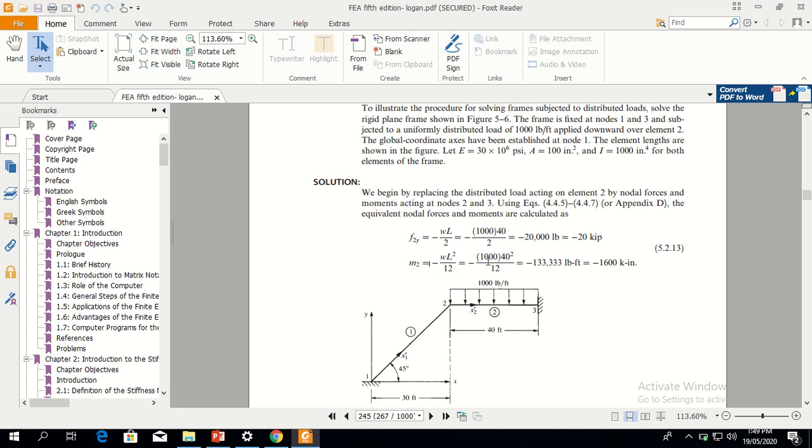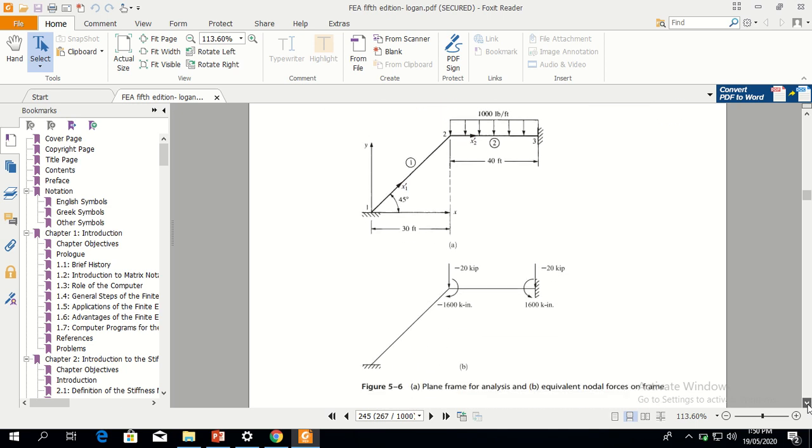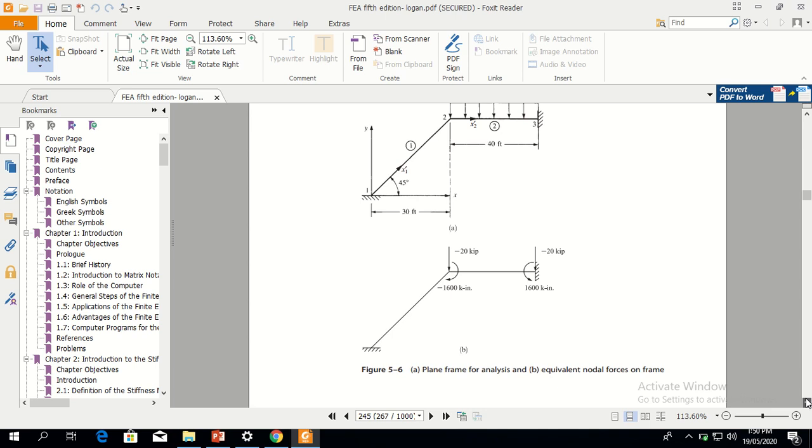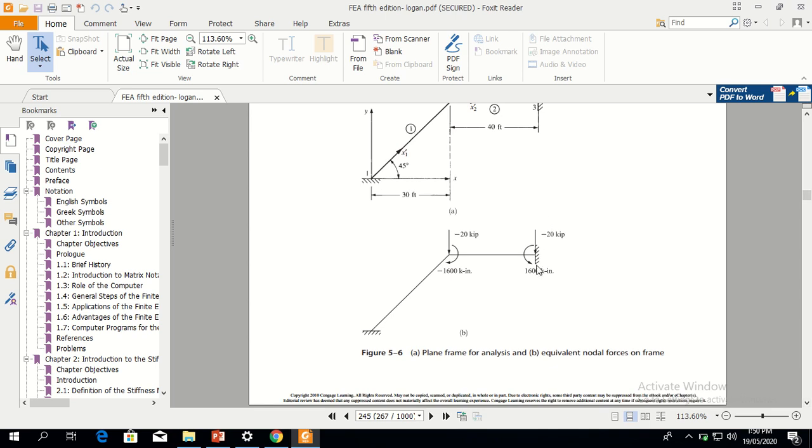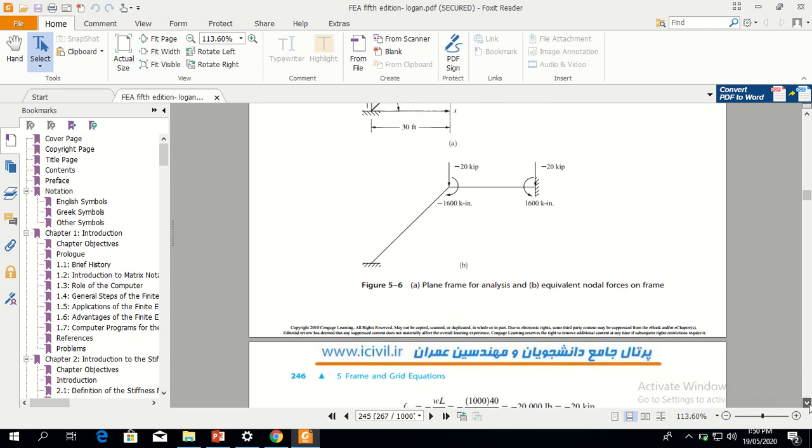So W is the force, L is length, and divided by 12. So this is the force at node 2. This is the moment at node 2. Similarly, the same nodal force and moment will be acting at node 3. So this is the diagram that we will solve in example 5.2.